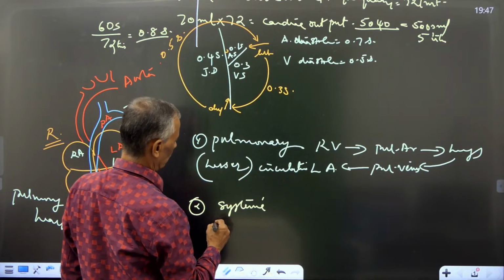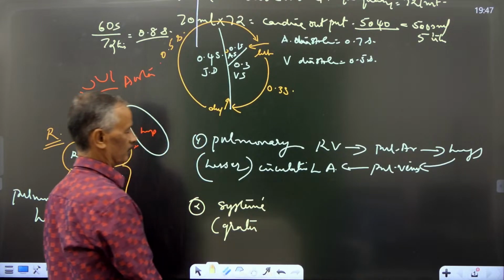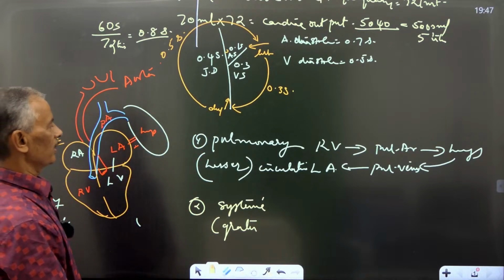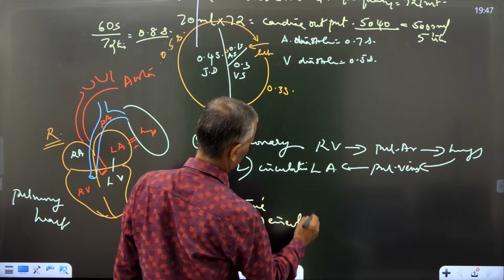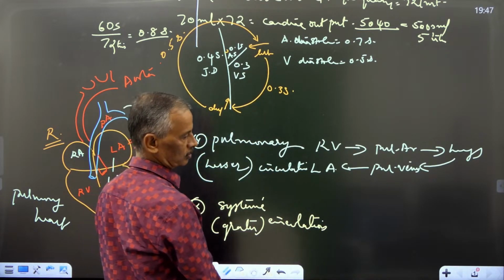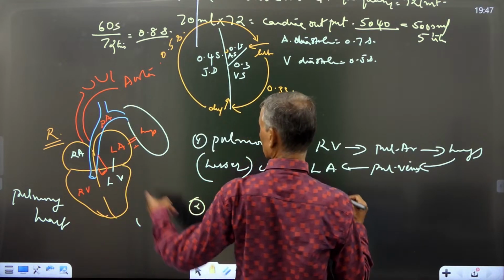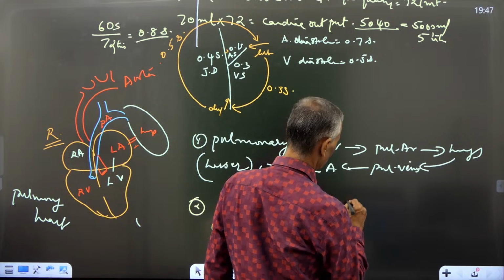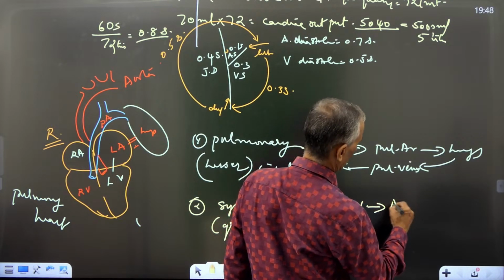This systemic circulation is taking a longer route. So it's called greater circulation. Blood leaves the left ventricle through the aorta.